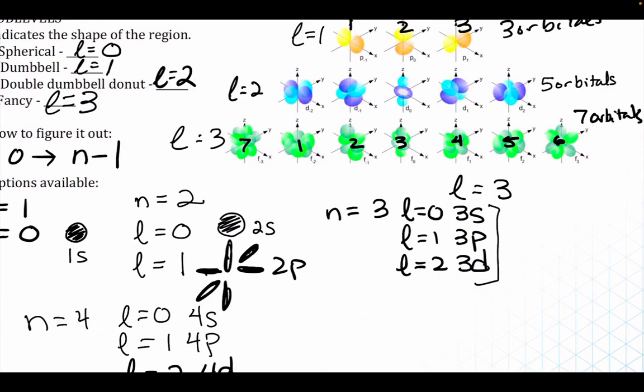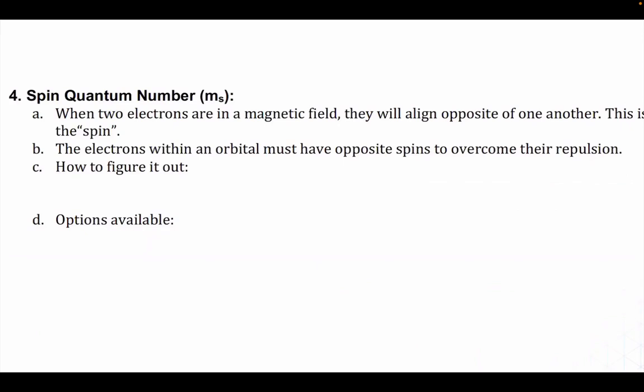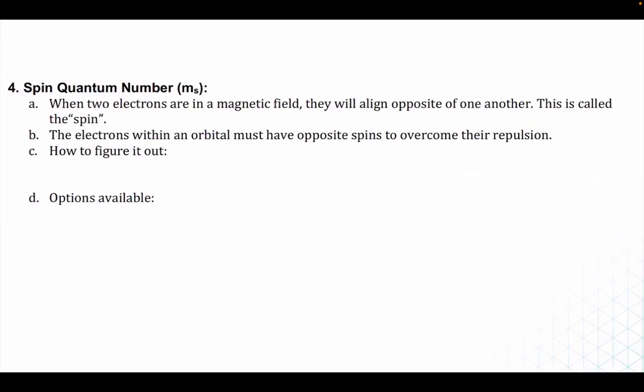One last quantum number, and then we'll do a couple examples. This is the spin. So in the orbital, if you remember, every orbital can hold 2 electrons. When the 2 electrons are together, they're going to spin in opposite directions. So they're going to either spin up, and we represent an electron with an arrow, or they're going to spin down opposite each other.